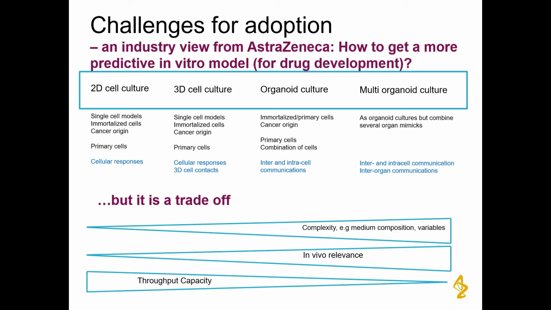It may become more relevant to the human in vivo system, but your throughput will be dropping off. And of course, for many applications where you're trying to screen large numbers of compounds, throughput is very important. But for animals, of course, we're not using them for high throughput screening. So we can think about more complex models.